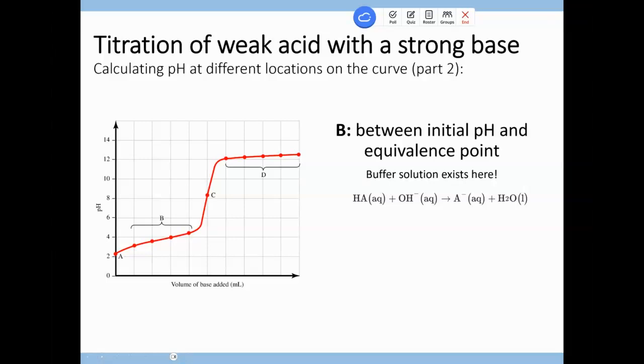So at B, in that range between initial pH and equivalence point, we can use pH equals pKa, so of the acid HA, negative log of the Ka, plus log of A minus concentration divided by HA concentration.